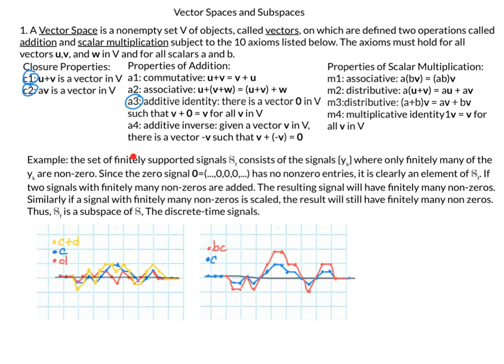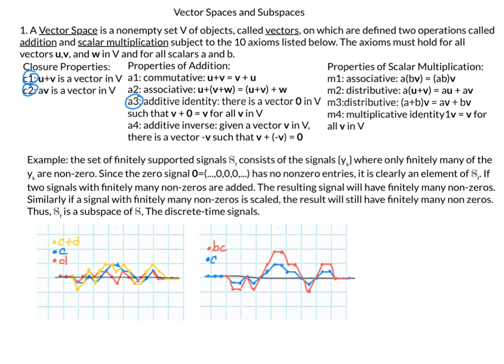The set of finitely supported signals S_f consists of the signals y sub k, where only finitely many of the y sub k are non-zero. Since the 0 signal, that's the 0 vector, with zeros infinitely to the left and zeros infinitely to the right, has no non-zero entries, it is clearly an element of S_f, because it has only finitely many non-zeros.